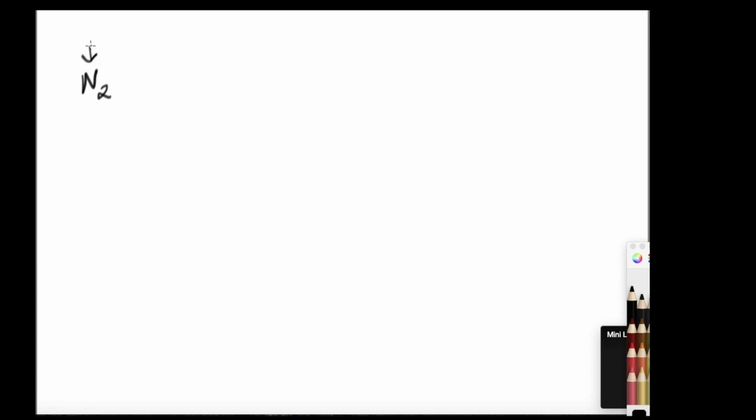Again, moving quickly, we have 2 nitrogens out of group 5 for a grand total of 10 electrons. This is the magic number. We're going to place both atoms side by side.